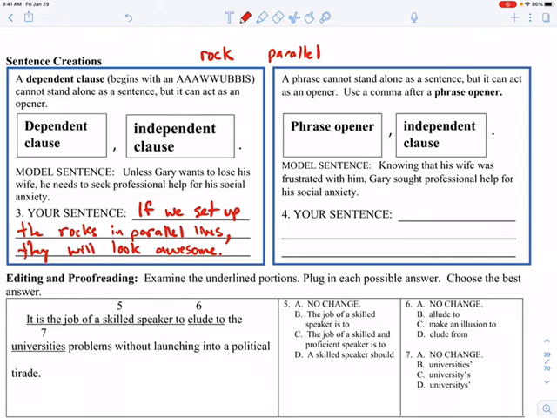Looking at a phrase opener followed by an independent clause. Let's see, how can I say the same thing but with a phrase opener? Deciding that we wanted an awesome effect.